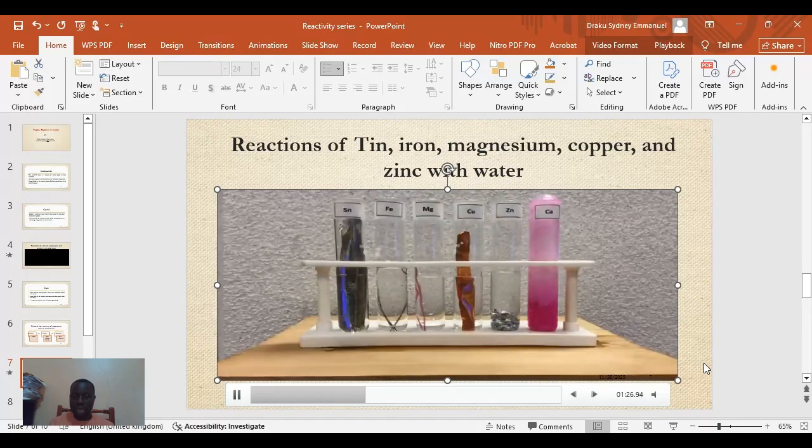You compare which one is most reactive among these metals and which one is the least reactive. It may be difficult to get the least reactive here, but you may be able to identify the most reactive and other metals which do react. Some of these metals do not react with cold water, but they do react with steam when the conditions change.